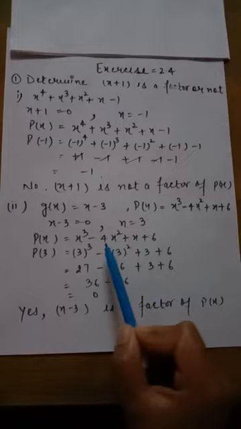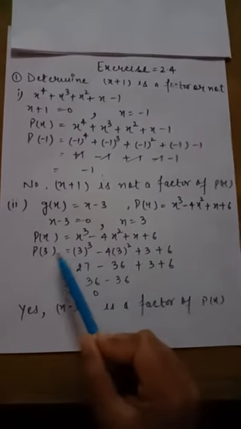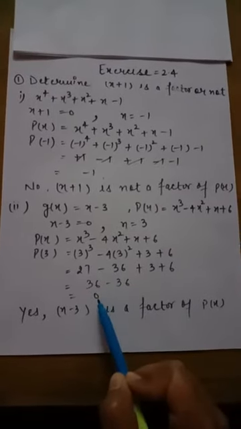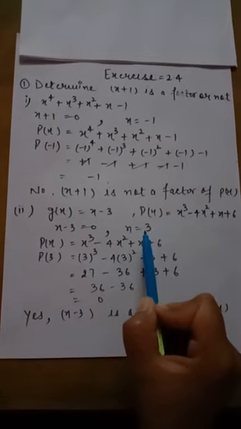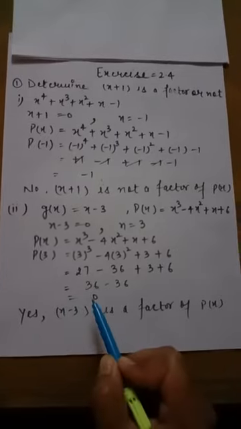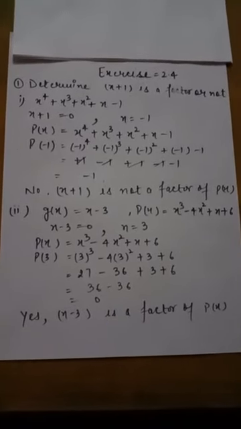Then I replace all variables of the given p(x) with 3. Then I got 36 minus 36, which is 0. It means when I put the value of the variable from g(x), I got p(a) equal to 0. So x minus 3 is a factor of p(x).